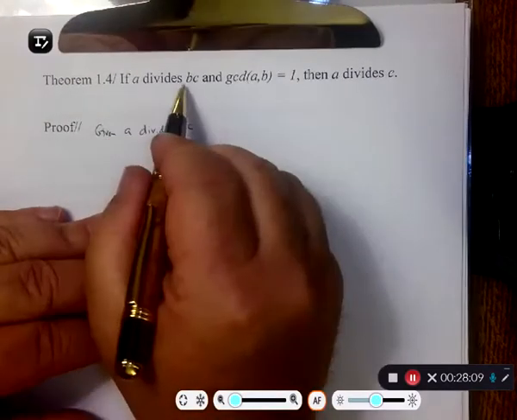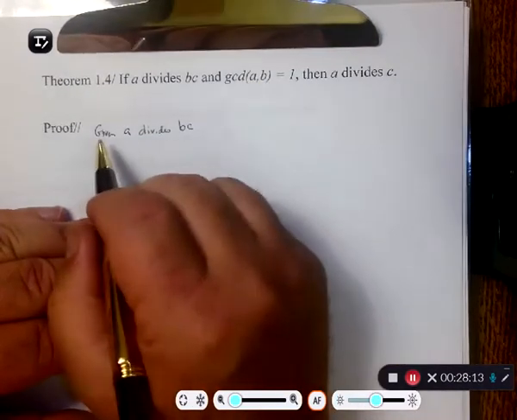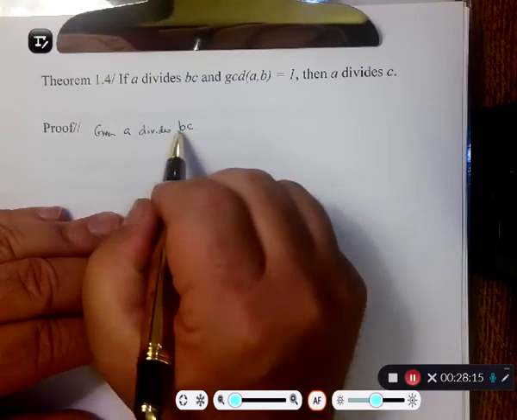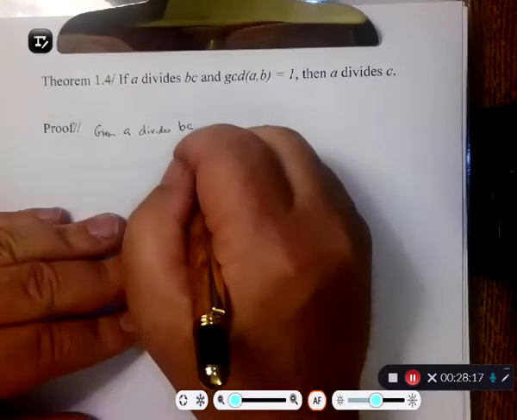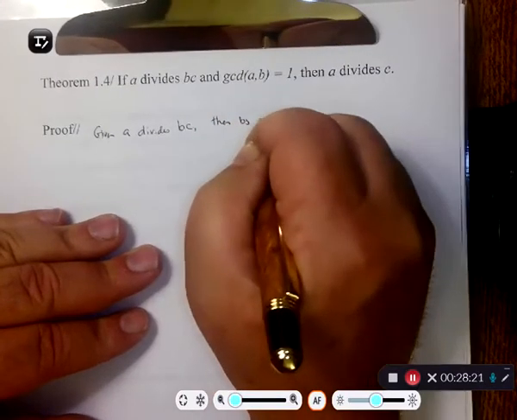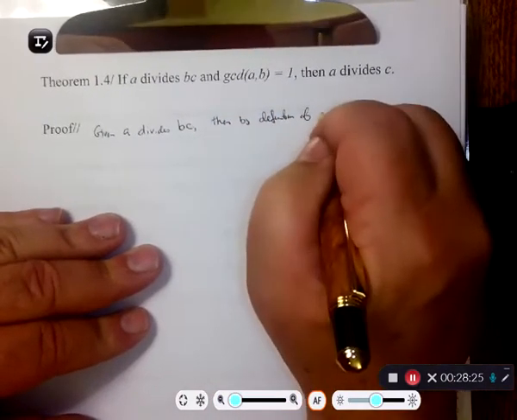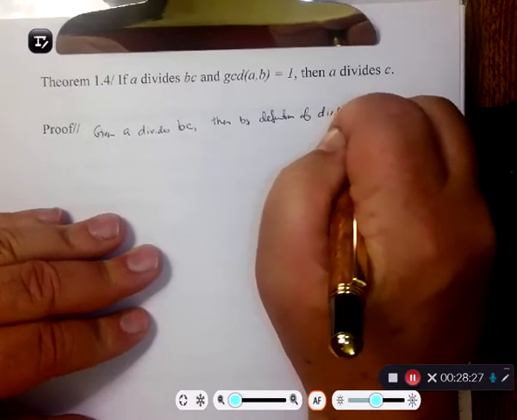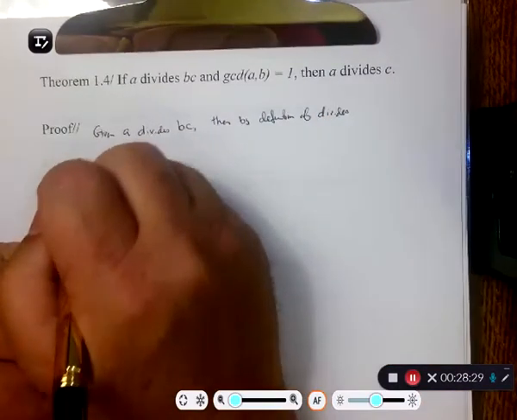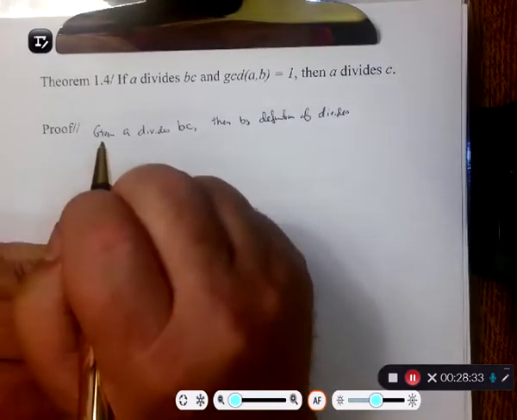That's my first given. We're also given the GCD of A and B is 1. We'll talk about that in a second. But here we go. Given that A divides B times C, then by definition of divides, I can come up with an equation, but I have to declare a variable before I can use it.